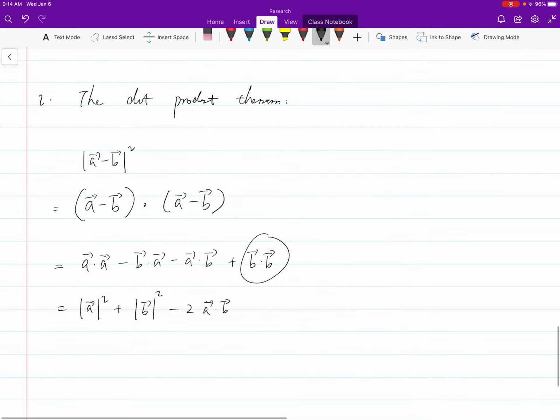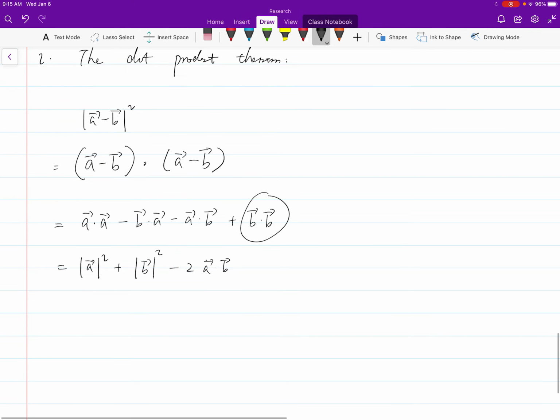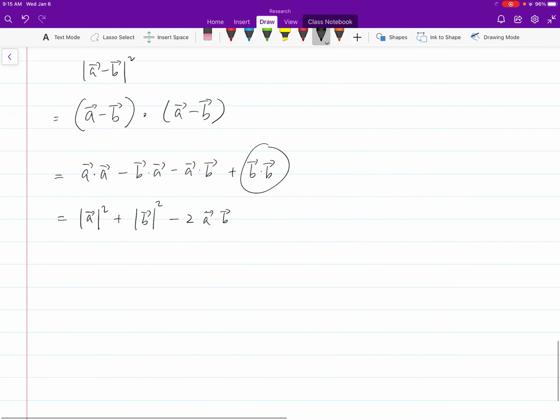Okay. So by using the properties of the dot product, if the dot product is defined in this way, then this expression is true. But what does it mean? Now it's interesting. Take a look at what's going on. If you put A here, if you put B here, what is A minus B? A minus B is this.